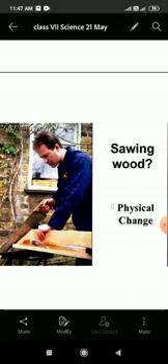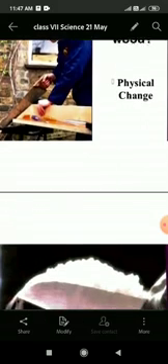But if you observe the properties of these pieces of wood, you will find the property of the wood is the same as before. Thus here also no change in property is taking place after cutting the wood. So this also can be said to be a physical change.